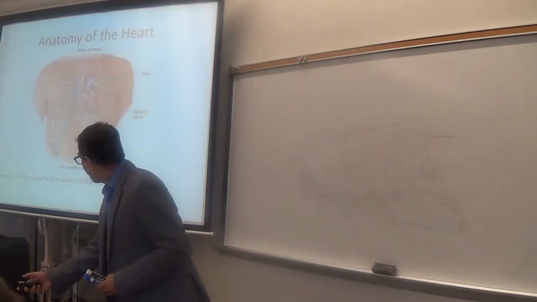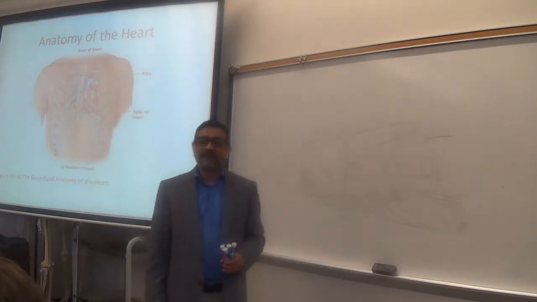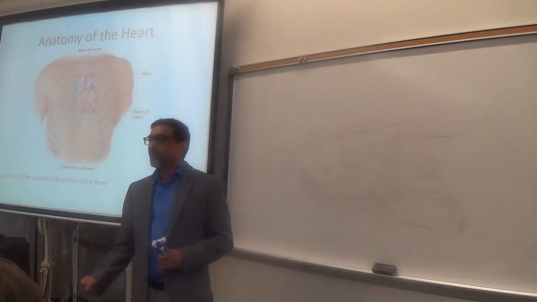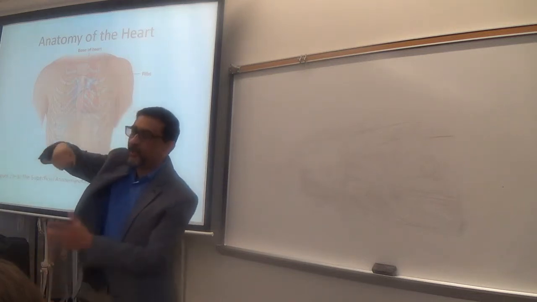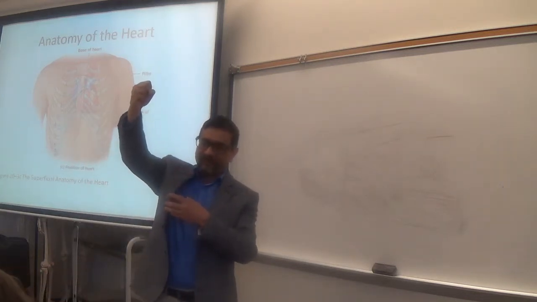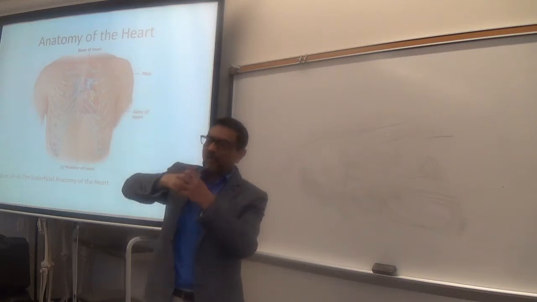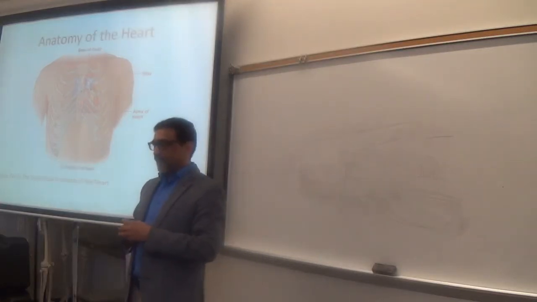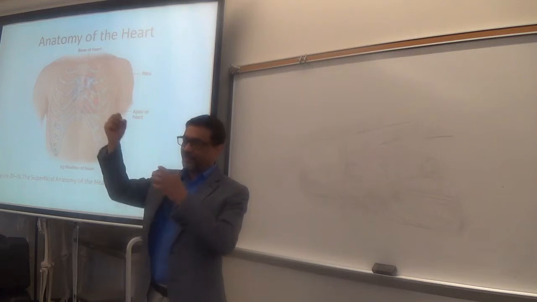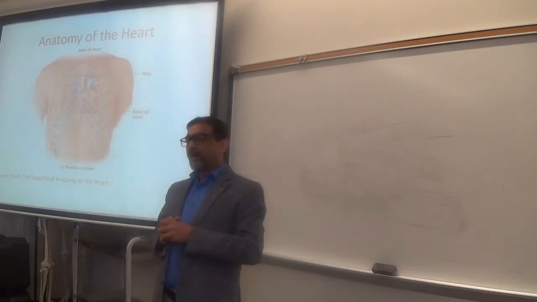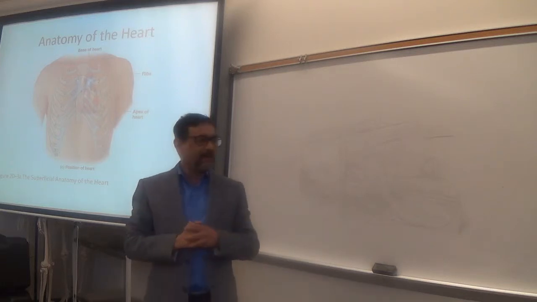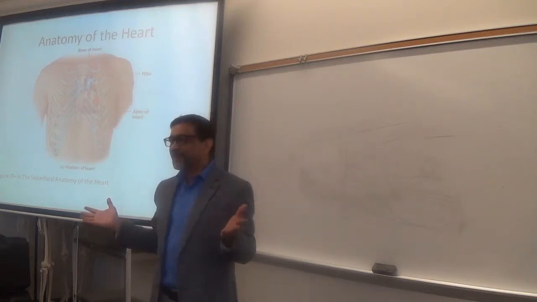Heart is a cone-shaped, conical shaped organ, and the size of your heart is like your fist, okay? So cone-shaped organ, size is like the size of your fist, and heart is located in the right or left side, you usually say?